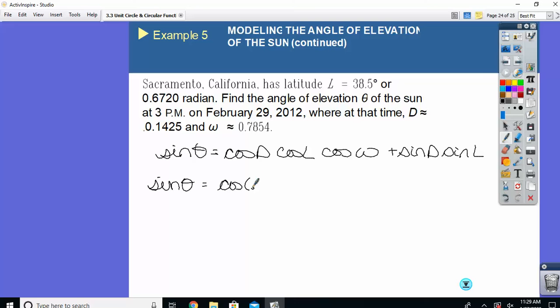My D is 0.1425. L was what? Right. I gave you degrees and radians. You have to use the radians, so 0.6720. Omega 0.7854.